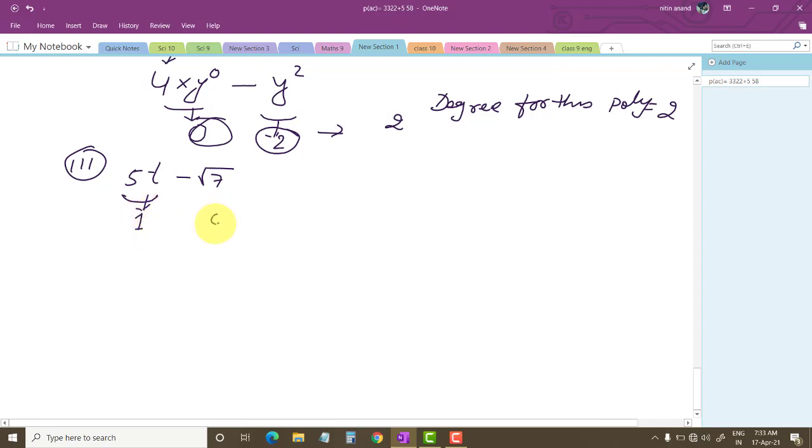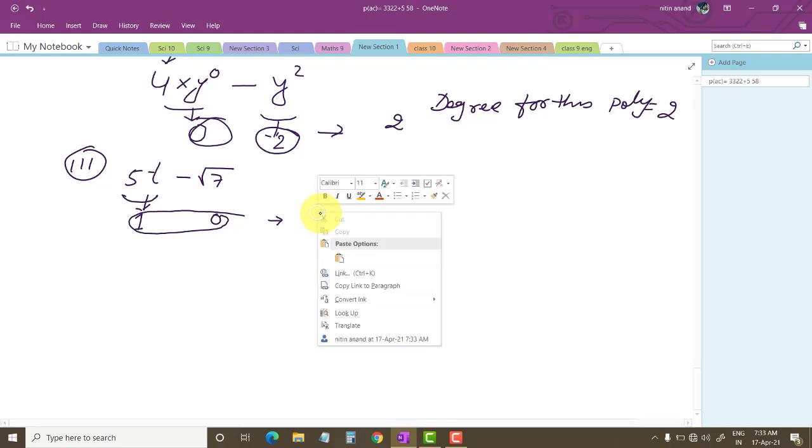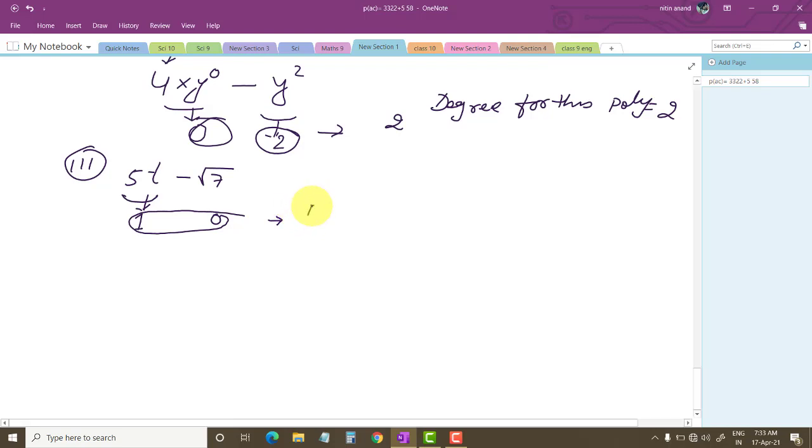Between 0 and 1, we know that 1 is greater than 0. That means the degree of this polynomial is equal to 1, dear student.